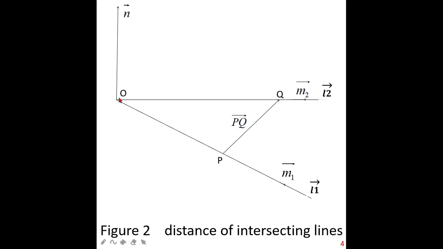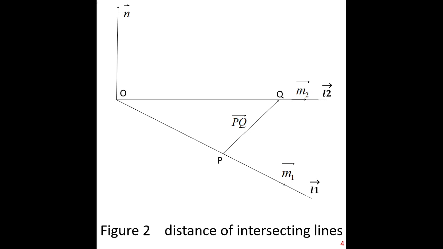Since plane OPQ contains lines L1 and L2, vector N is also perpendicular to plane OPQ. Since plane OPQ contains line PQ, vector N is also perpendicular to vector PQ.